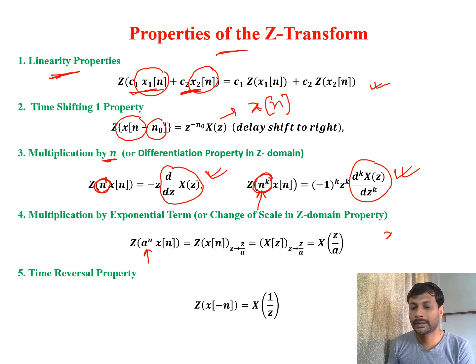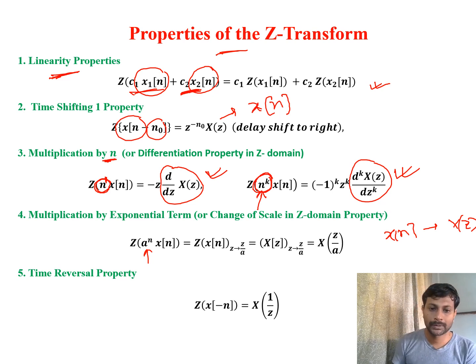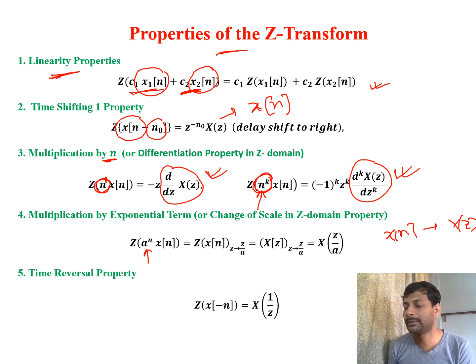Suppose the Z transform of x n is X z, whatever equation you have, you simply replace the z term by z by a. And by the time reversal property, if you know the transform of x n to be X z, then for x of minus n it is X of 1 by z. That is, you replace the z terms by 1 by z.